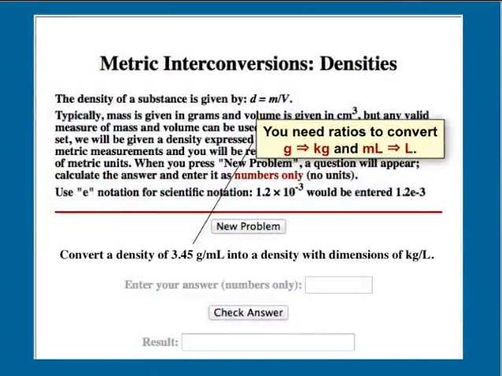These are both factors of 1,000. We all know them. Go ahead and just write your two ratios. Since we have grams per milliliter, our first ratio must have grams in the denominator, and our second one must have milliliters in the numerator.